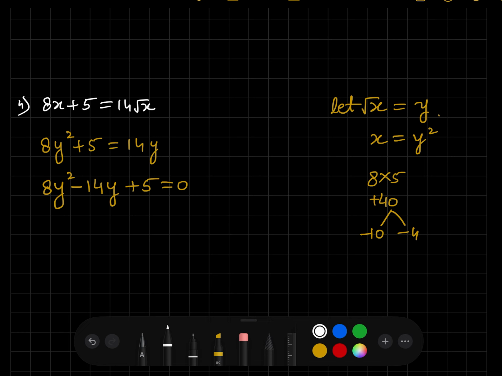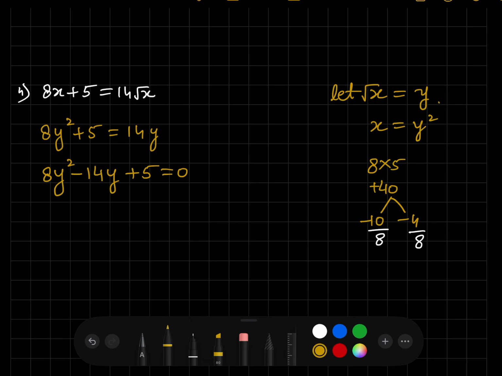And then since here the coefficient is 8, we will have to divide it by 8. So reduced to negative 5 by 4 and negative 1 by 2. Right? So our factors are 4y minus 5 and 2y minus 1 equals 0.